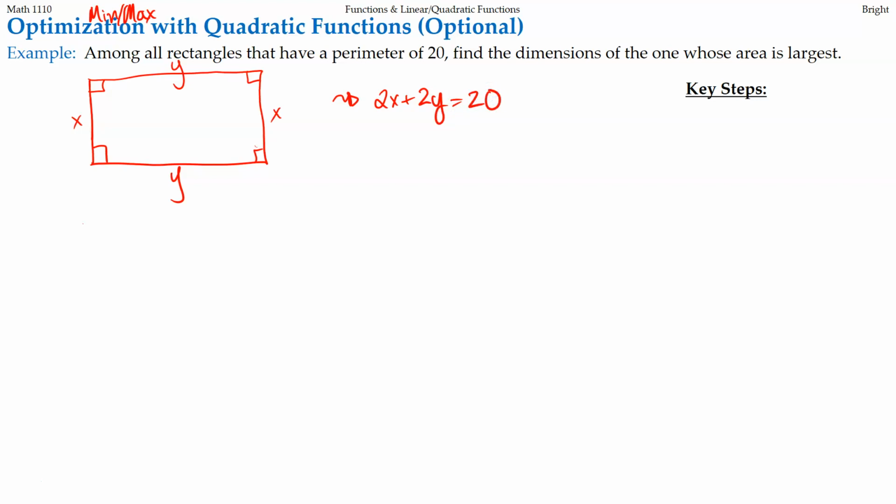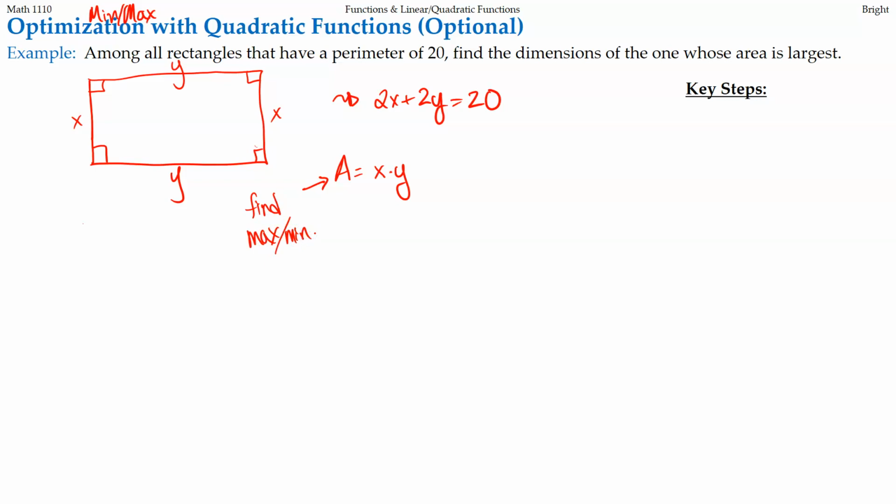And it says I want to find the dimensions of the one whose area is largest. Well, the area is x times y. Now, how do we proceed? We have two equations and seemingly three things that we don't know. This is the quantity that I want to find the max or min of.